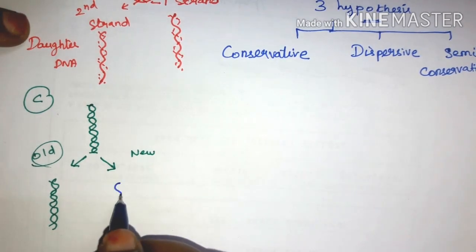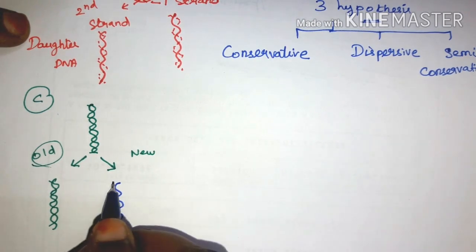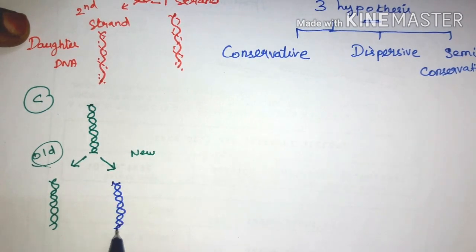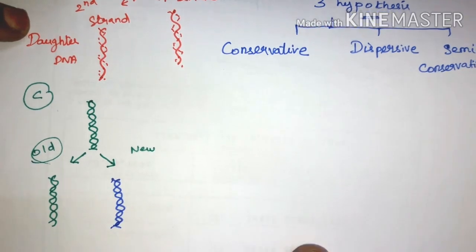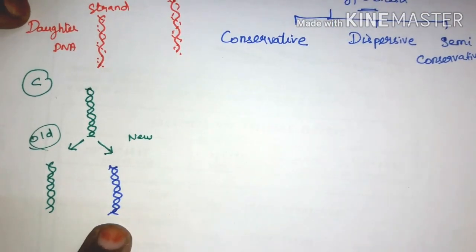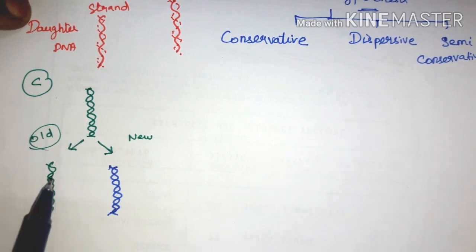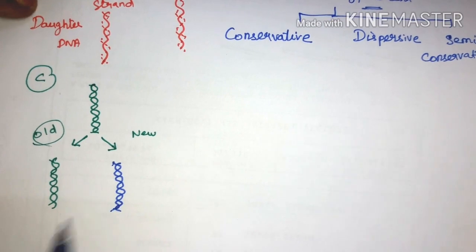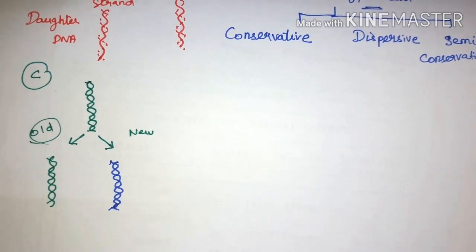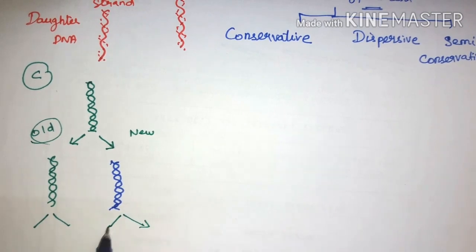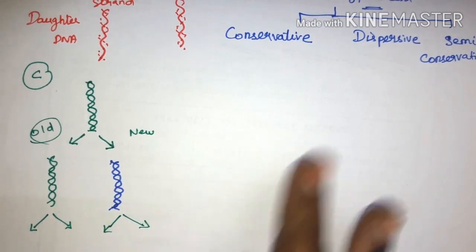We can denote this as another color. This is having new characters or some other characters may be included here, but in this case the old one preserved all the characters of the parents. So this in turn gives rise to the same. This again gives rise to another generation.